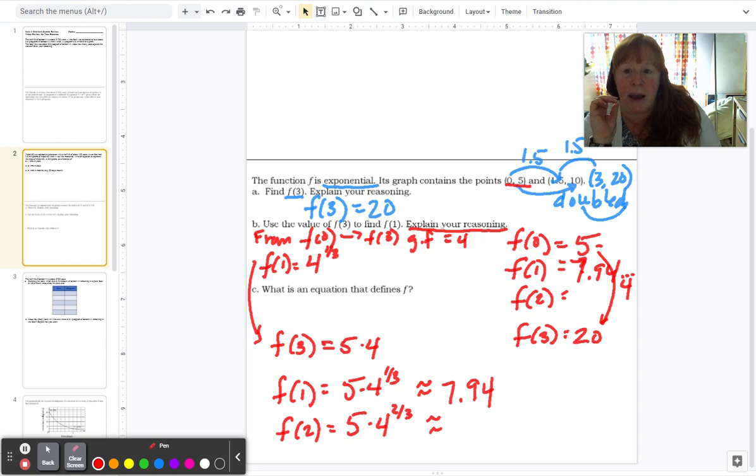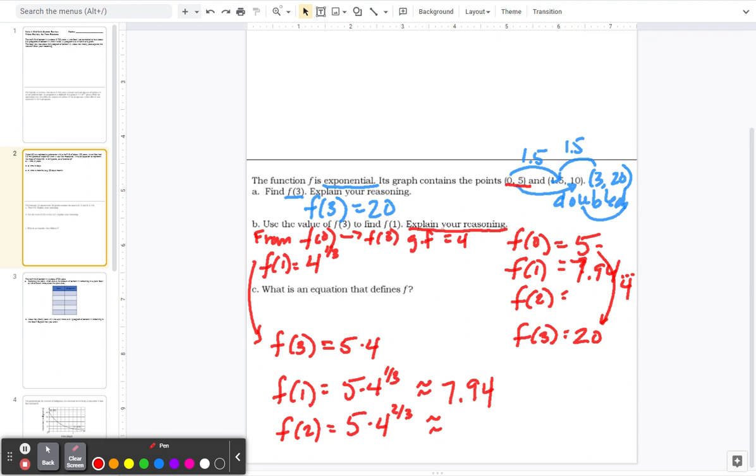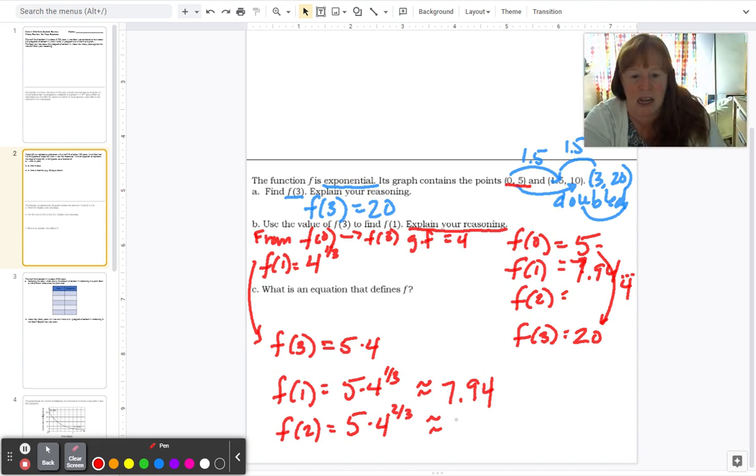Well, now I can come back over here and I will do 5 times 4 to the 2/3. 12.599. I'm going to leave it at that just to make it a little bit more exact. And then if I did it again, 3/3 is 1. I would get 20. Okay, I get back up to here.